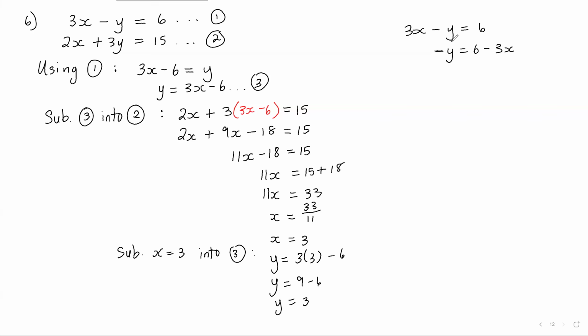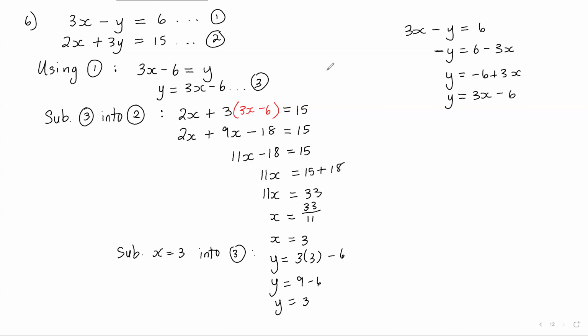So this will give me minus y times minus 1, which will be y. 6 times minus 1 will be minus 6. And minus 3x times minus 1 will be plus 3x. And rewriting this to put the positive number in front would be y is equal to 3x minus 6, which is what we got here.